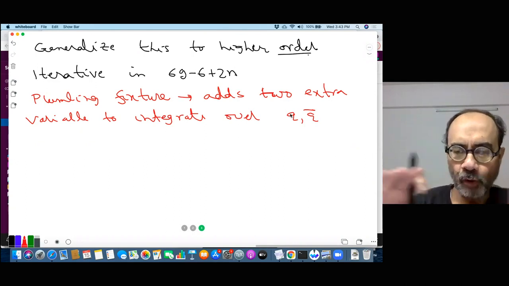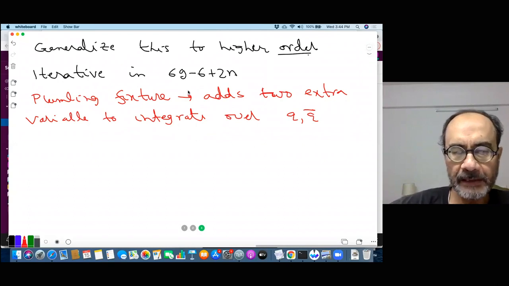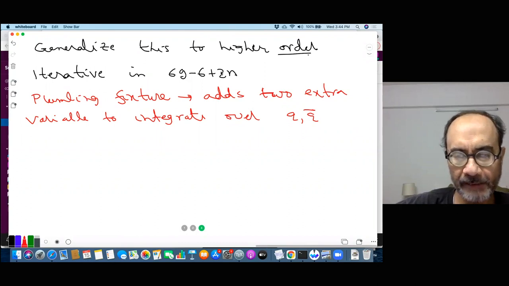So when you put things together by plumbing fixture, you increase this number. So that's why you start with the lowest value of this. In fact, the sphere 3-point function has this equal to 0. Then the sphere 4-point function and the torus 1-point function have this equal to 2. Now we go to the next step, which is when this takes value 4. It's always even. So for example, the sphere 5-point function or the torus 2-point function will be next in line.